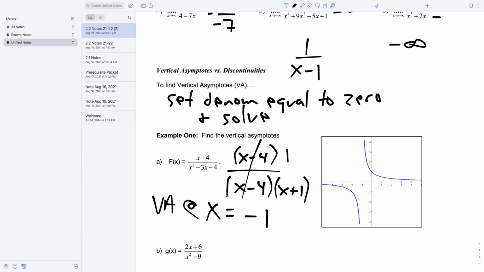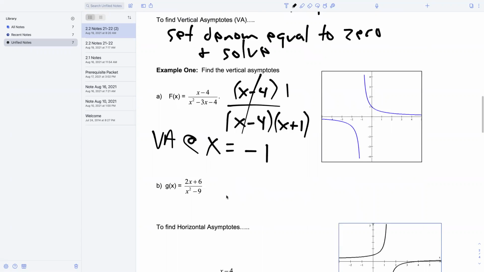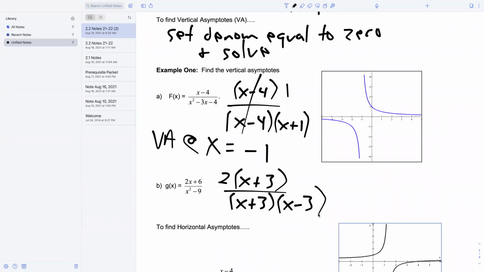Okay, so second example here, I'm going to factor the numerator. So I'm going to take out a 2. So that gives me x plus 3. Then I'm going to factor the bottom. So I've got x plus 3, x minus 3.